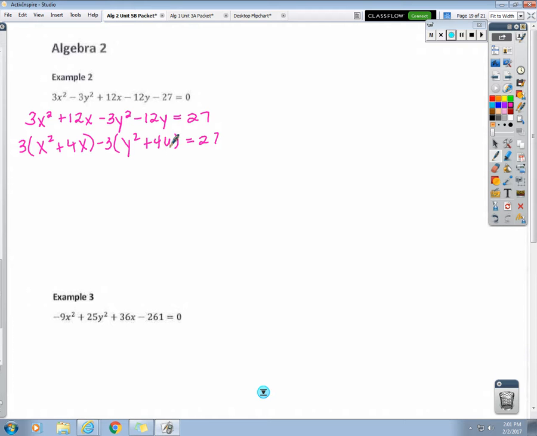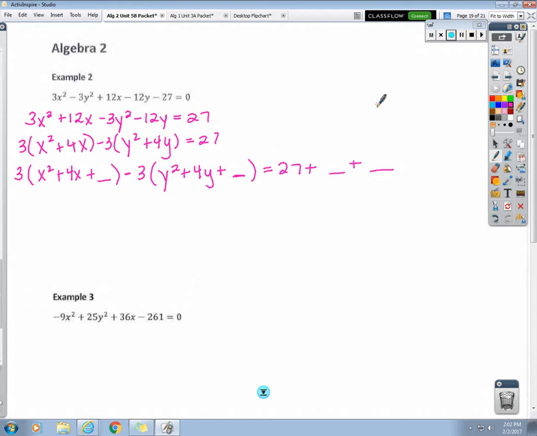Plus 4y. Because look, negative 12 divided by negative 3 is positive 4. The next step is where you add in your blanks. So x squared plus 4x plus blank minus 3, and then add in your blank for the y's. And then since you added in 2 blanks over there, you add in 2 blanks over there.